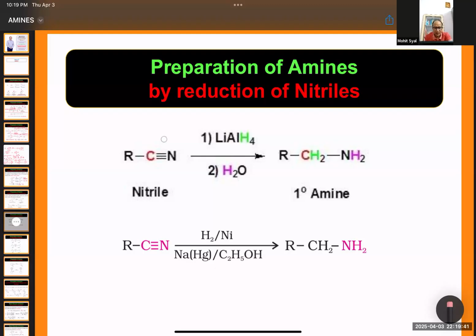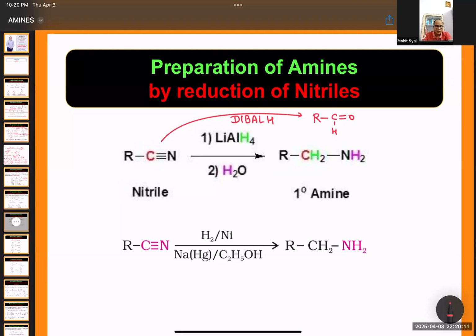And we have seen earlier in the aldehyde preparation that if you use DIBAL-H, you are going to end up with RCHO, aldehyde, followed by hydrolysis. But if you are using LiAlH4, which has more hydrogens, it is going to reduce it to amine.